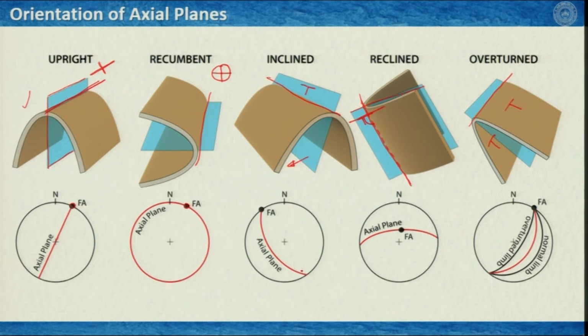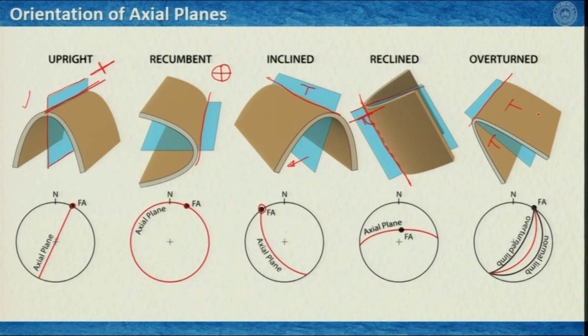So, it should be an inclined plane, that is why the plot is curved, not a straight line, and this is the fold axis. The reclined fold, as we talked about, the axial plane here is also inclined, the great circle here is a curved circle, and the fold axis should be somewhere in the middle of this axial plane.